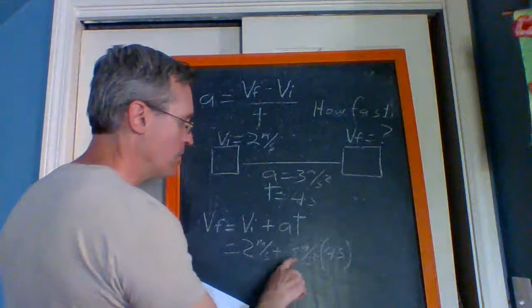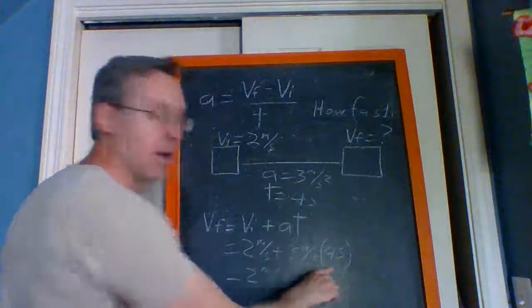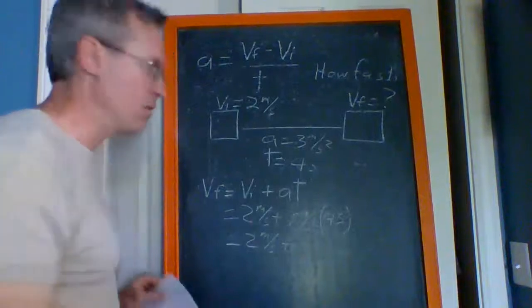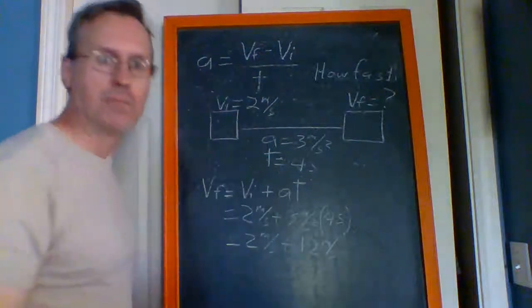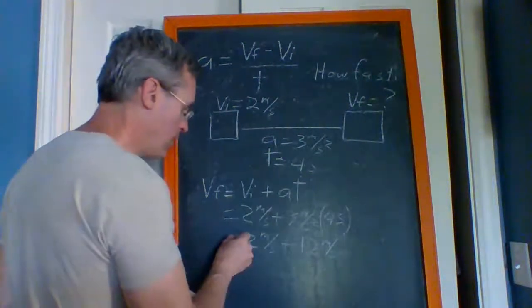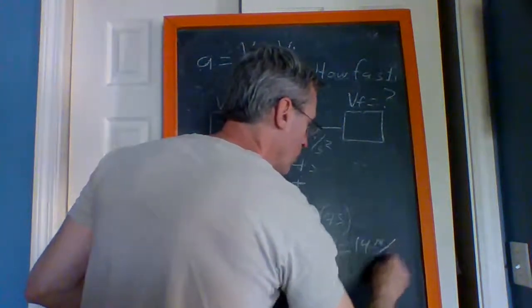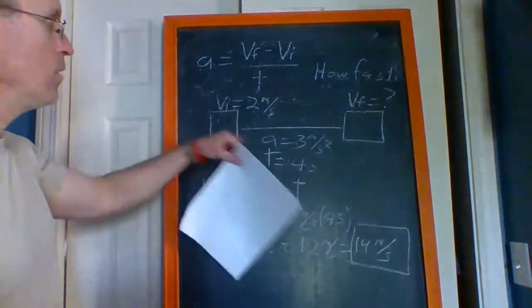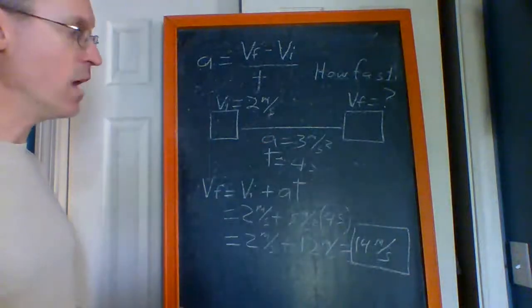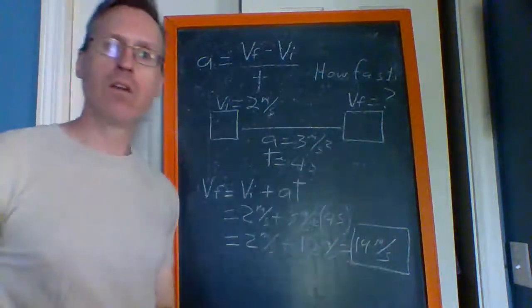So this is the same as 2 meters per second plus 3 times 4, which is 12 meters per second. 2 plus 12 is 14 meters per second. So if I start at 2 and I speed up at 3 meters per second squared for 4 seconds, at the end, my final speed after 4 seconds will be 14 meters per second.